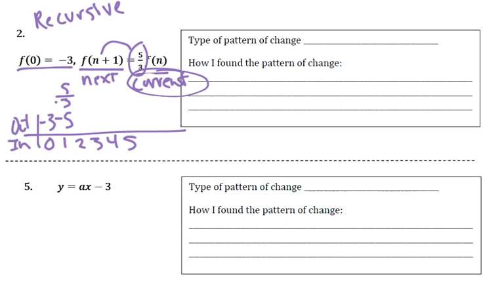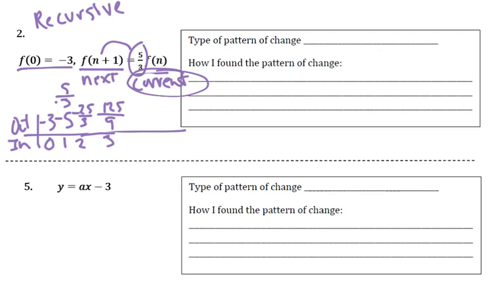If we multiply -5 by 5/3, we get -25/3. And if we keep going, we're going to get ever-increasing fractions. 5 times 25 would be 125, 3 times 3 would be 9. So it's growing quite a bit.